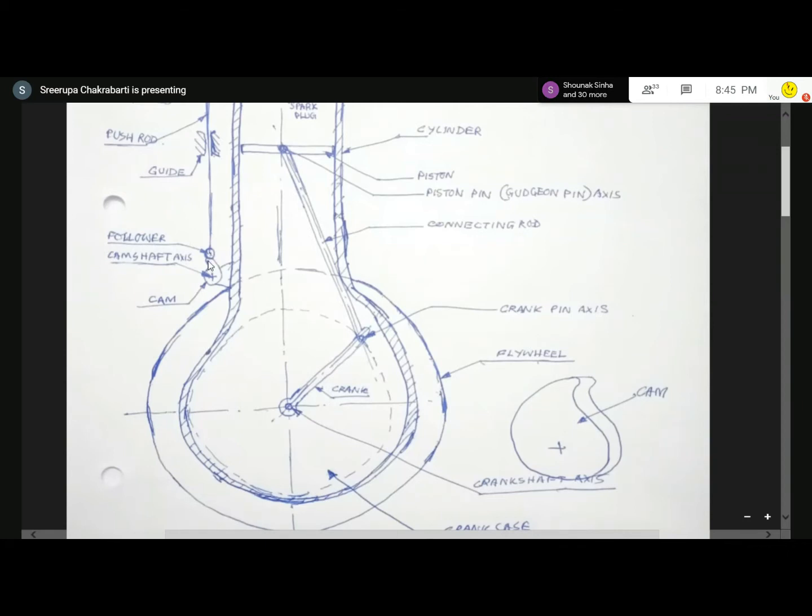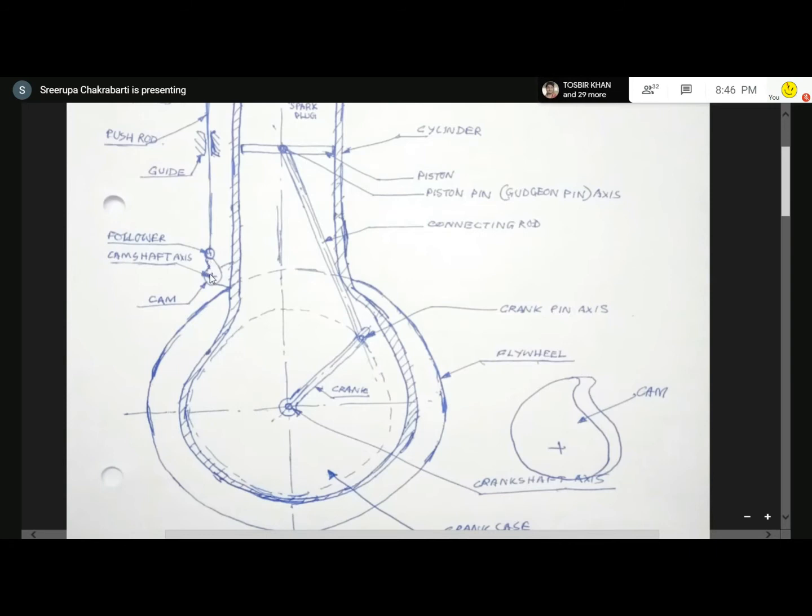And this cylinder is always touching this surface. There is a spring also here, and the spring pushes the roller on the cam.